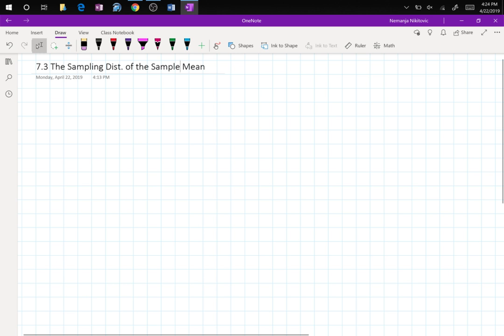So what we know so far here in purple, we know that the mean of means is equal to the mean, and we know that the standard deviation of the sample mean is the population standard deviation divided by the square root of n.